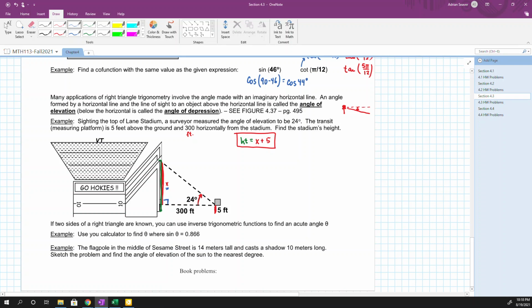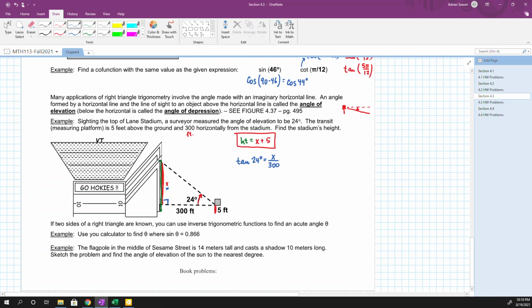Opposite and adjacent, that's TOA, that's tangent. So based on trigonometry, the tangent of this 24-degree angle has to equal my opposite side, which is x, divided by that adjacent side, which is 300.